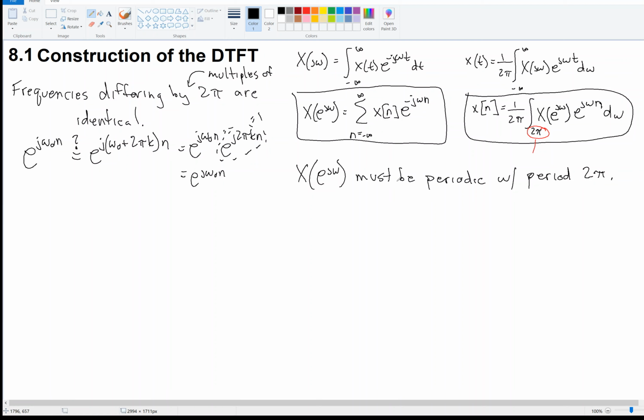Now it can repeat pi, because anything that repeats pi also repeats 2 pi. But it has to repeat every 2 pi because this thing tells you the frequency content.